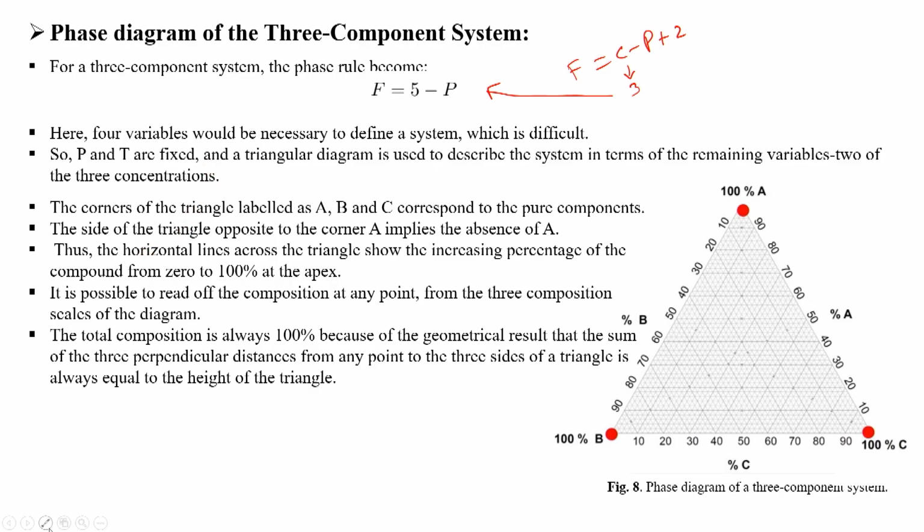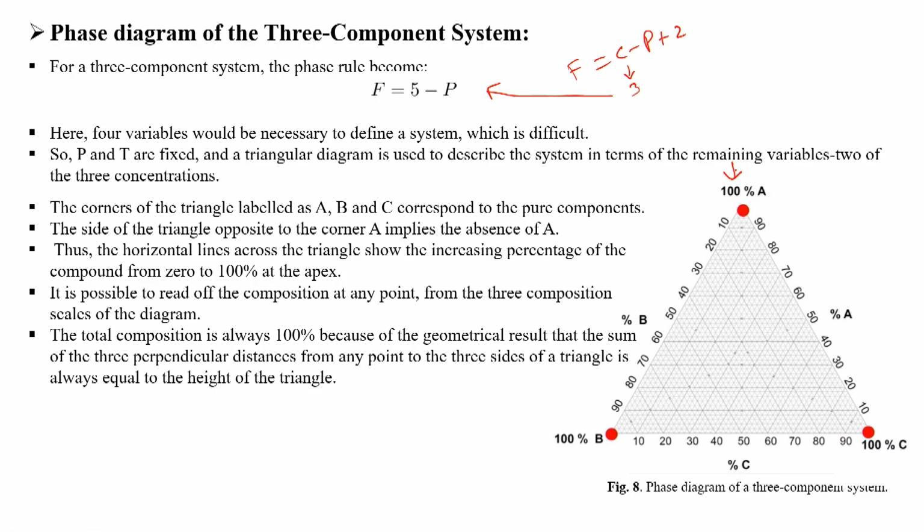So basically what we do here, we draw one equilateral triangle, and we now have 3 components, A, B and C. Component A increases in this direction.